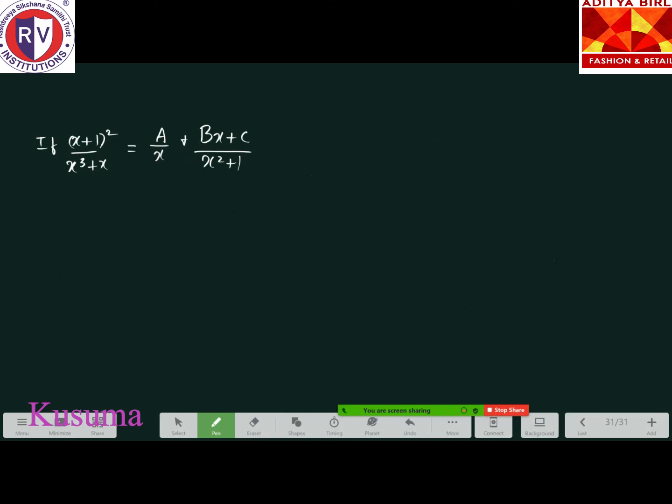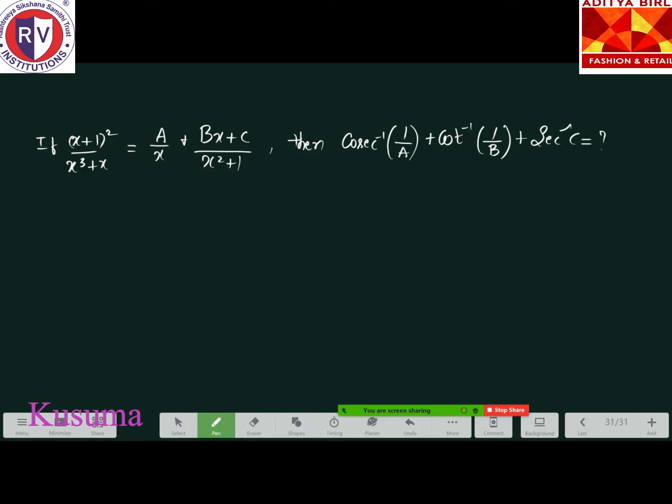Then cosecant inverse 1 by a plus cot inverse 1 by b plus secant inverse c is equal to.